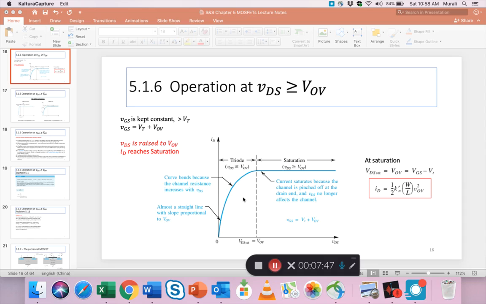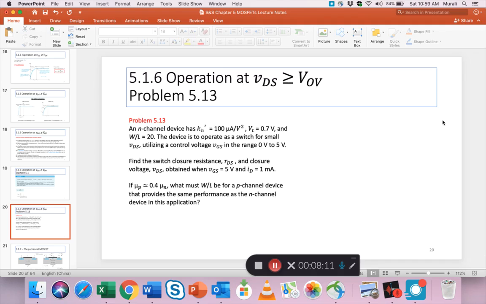There we understood that as VDS is low and slowly increases, while it's still low, it is in the triode region, and once VDS reaches the overvoltage, it starts to straighten out, becomes flat, and this region we call saturation, okay? So this was the previous kind of graph that we're used to.